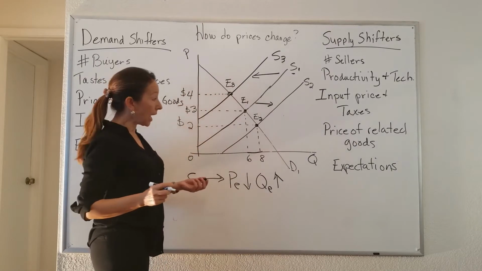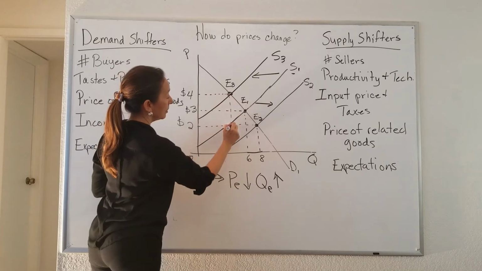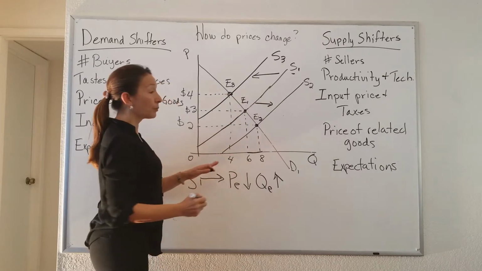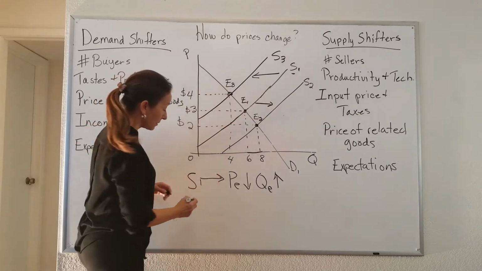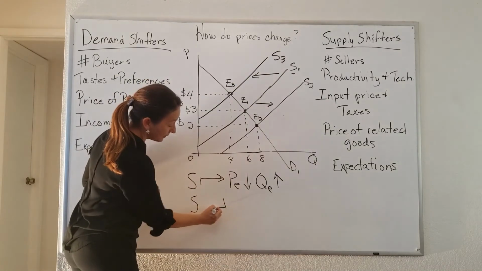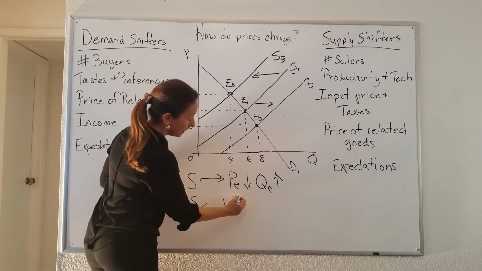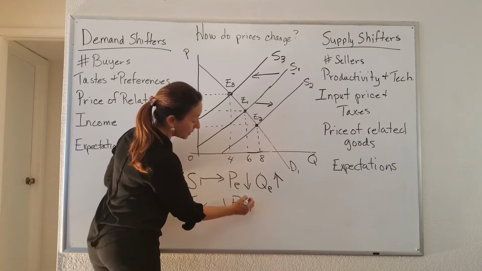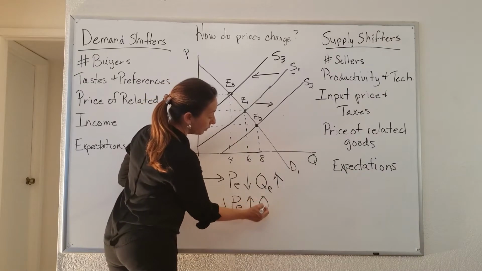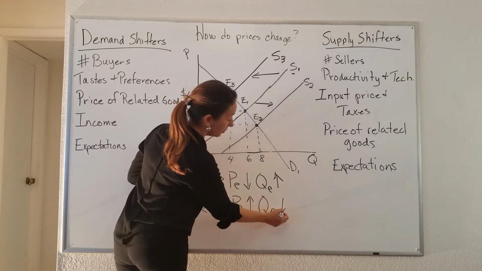Price is going to be higher, and the amount of product produced is going to be less. So if the supply curve shifts to the left, equilibrium price goes up and equilibrium quantity goes down.